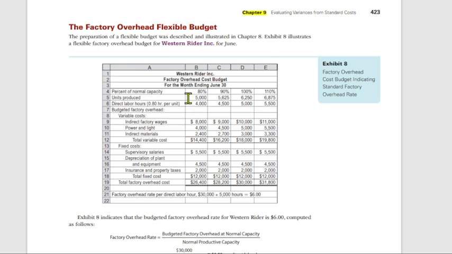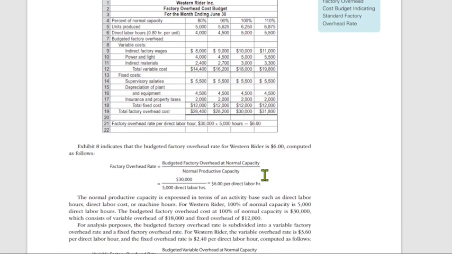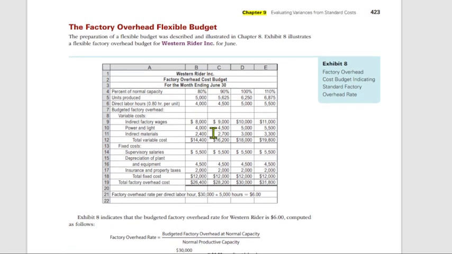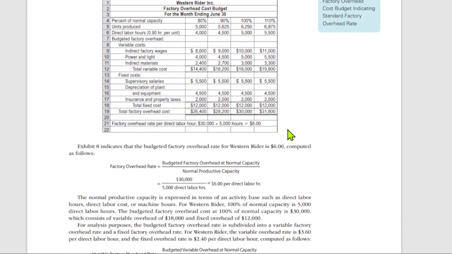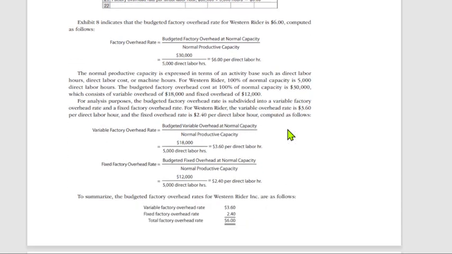Kasi the factory overhead has components of variable and fixed costs. So yung components ng variable cost, yan yung nag-change dito sa ating flexible budget. But the fixed cost will remain across whether there are high or low activity levels. Okay, please refer to this tabulation para makita mo yung effect doon sa variable costing natin as the capacity of the operations changes.